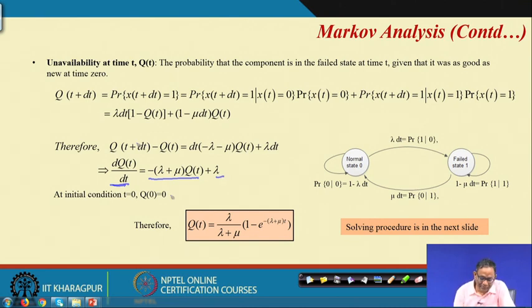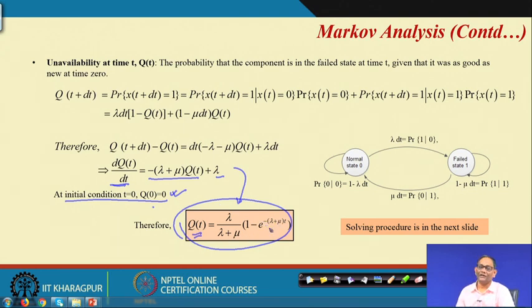So, you have to solve this equation, and once you solve this, we will see the Bernoulli formula. Given the condition that at t equal to 0, unavailability is 0, the solution to this differential equation will be q(t) equal to lambda by (lambda plus mu) into (1 minus e to the power minus (lambda plus mu) t).